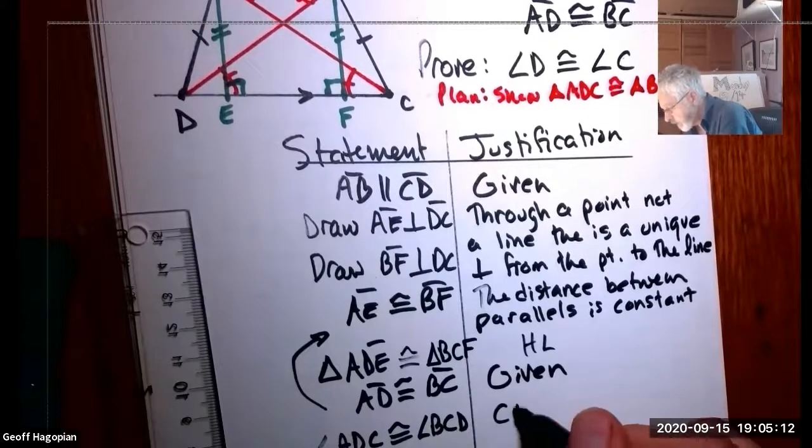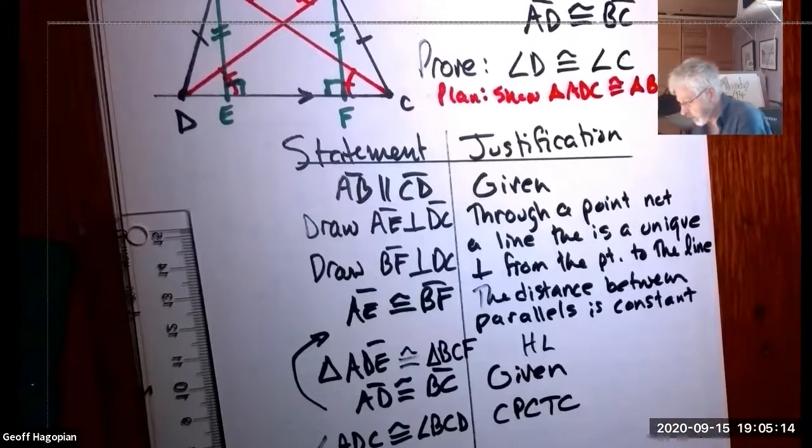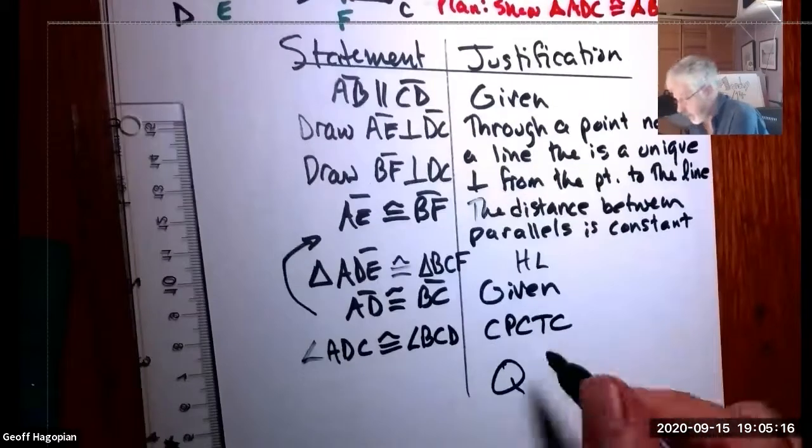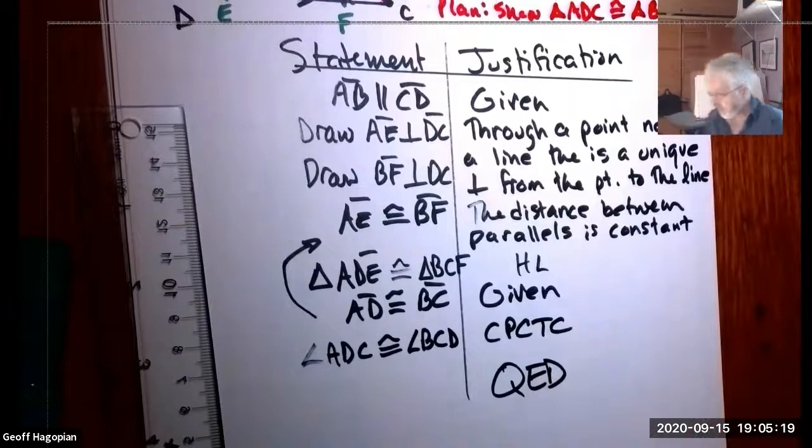And that's because corresponding parts of congruent triangles are congruent, and that completes my proof, right? Quod erat demonstrandum. All right, is that from the book? Maybe, I don't know. If you can find a better way of proving that, try not to make a lot of typos.